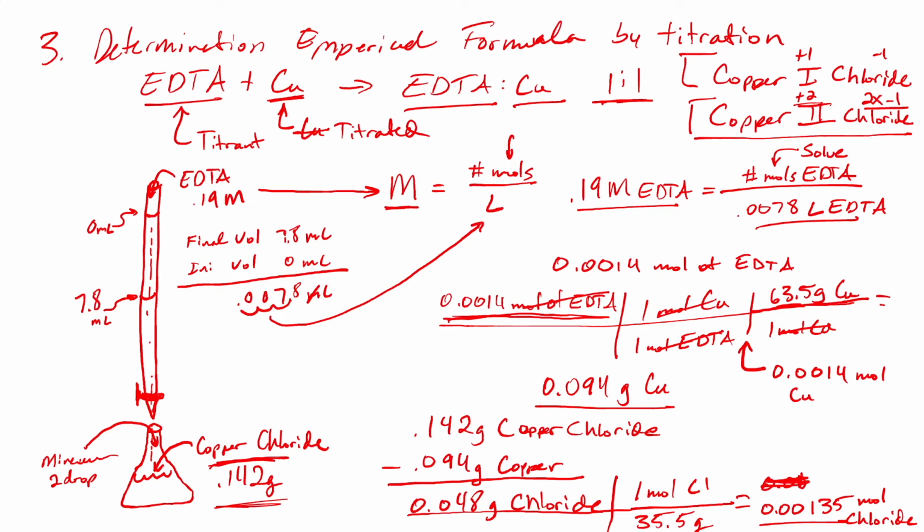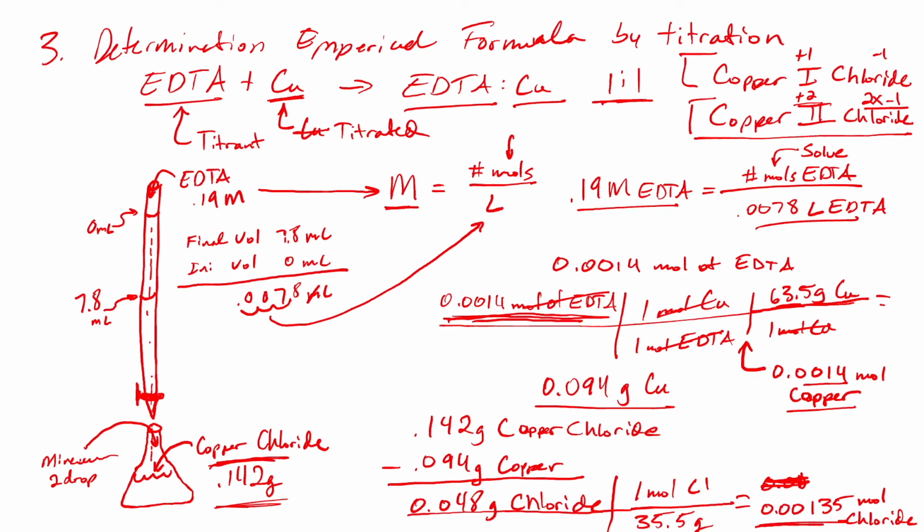So the number of moles of copper is exactly the same as the number of moles of EDTA, which makes sense because it's a 1-to-1 molar ratio. And it's 0.0014, and look at the number of moles of chloride you have.